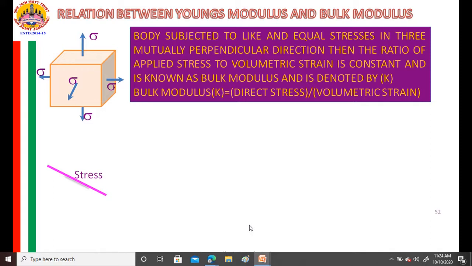I need to calculate the strain in all the three directions, and we know that the volumetric strain is equal to sum of the strains in three mutually perpendicular directions. That I am proving in the next class.